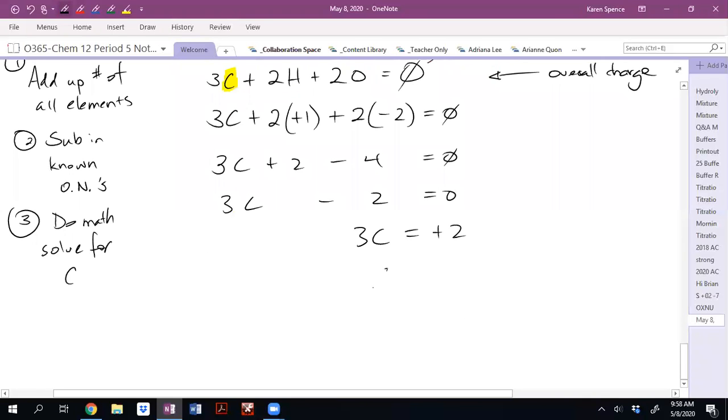So carbon, whoa, this is weird, hey? It's equal to +2/3. Yes, your oxidation number can be fractional. Yes, oxidation number can be a fraction.